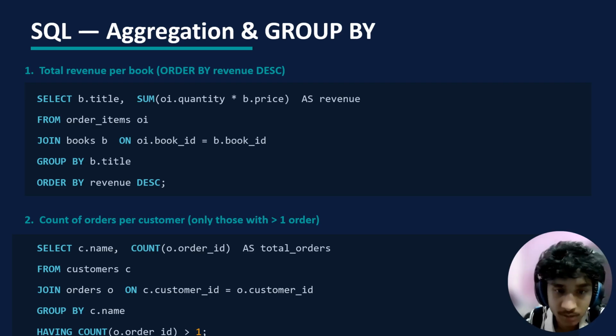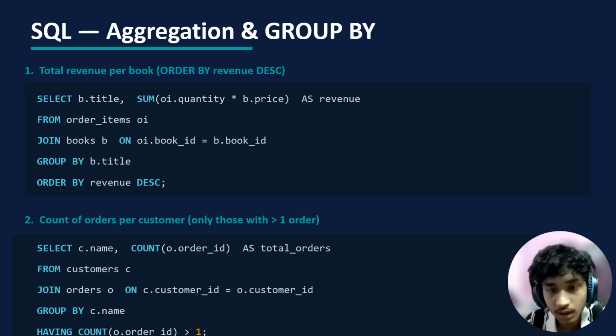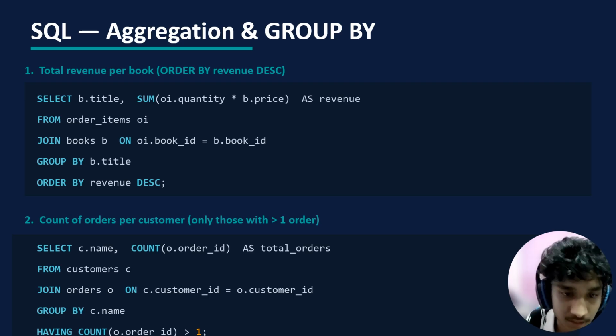We take this data from order items, and to get the attributes of book, we join the book table by using the join command, as you can see.